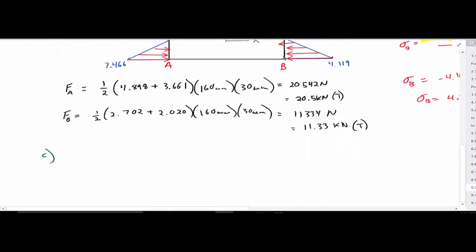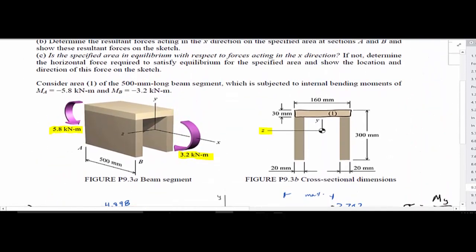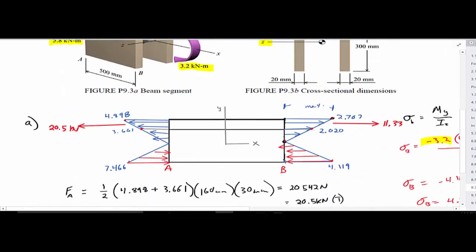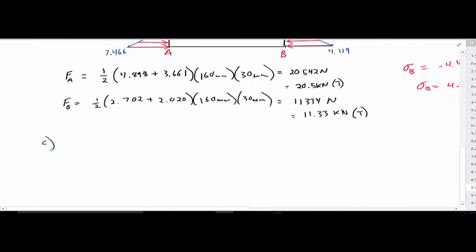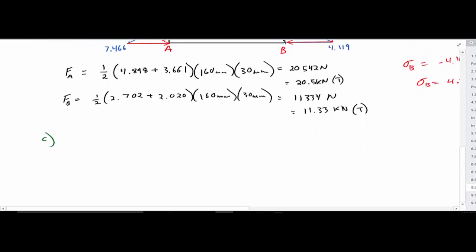Okay. So part C reads, is the specified area in equilibrium with respect to the forces acting in the x direction? If not, determine the horizontal force required to satisfy the equilibrium. So what we can do here is sum our forces, basic statics, sum our forces in the x direction equals 0, indicate our positive.